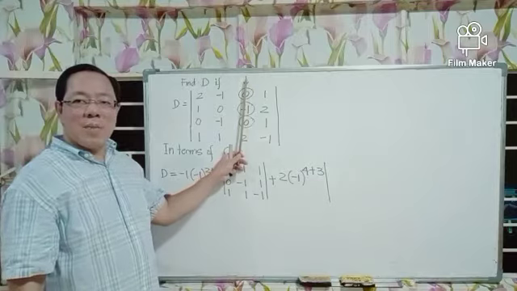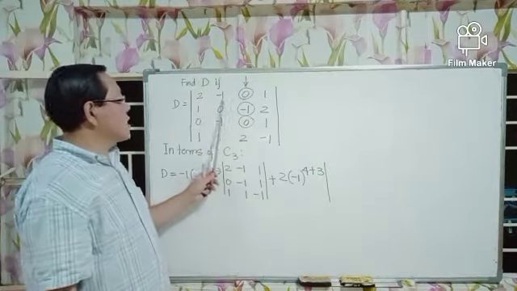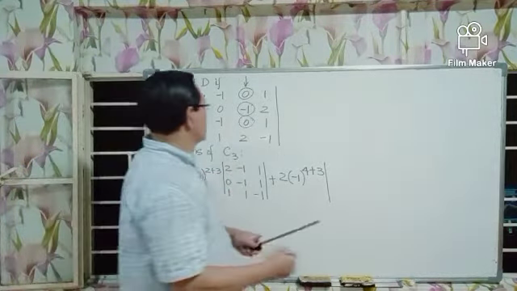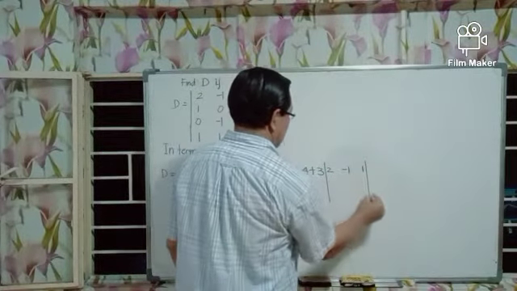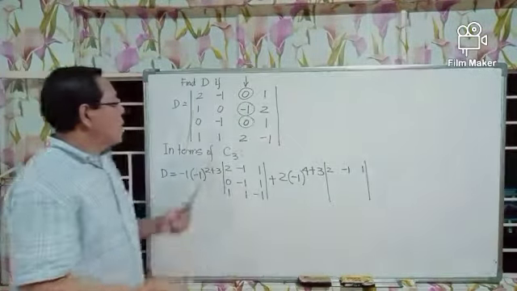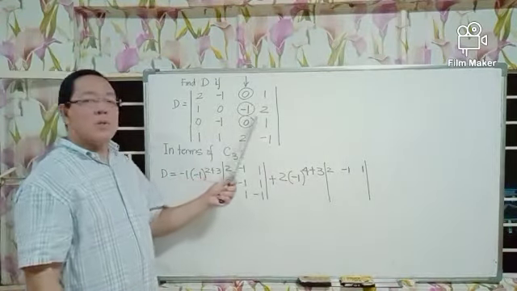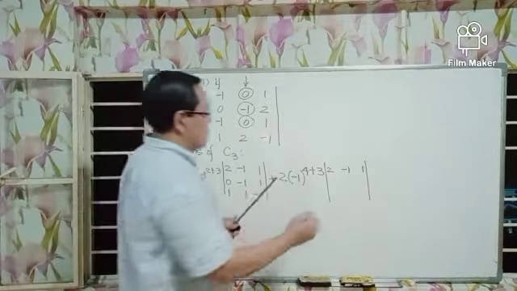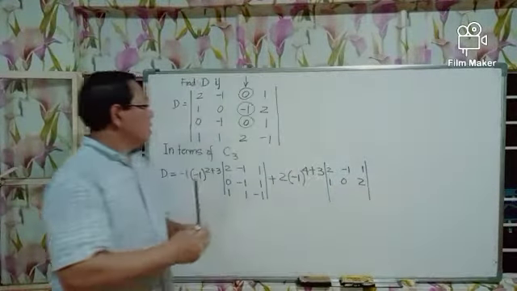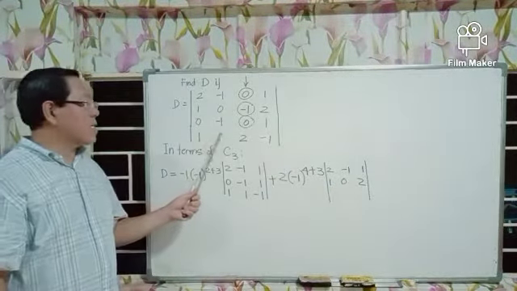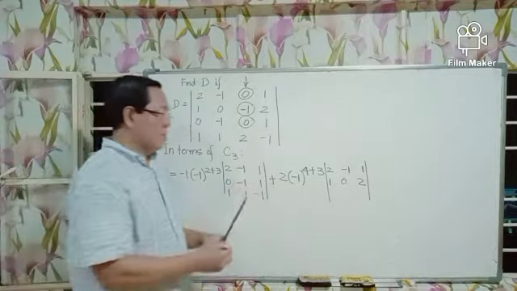And the entries that remain are 2, negative 1, 1. 1, 0, 2. And 0, negative 1, 1.